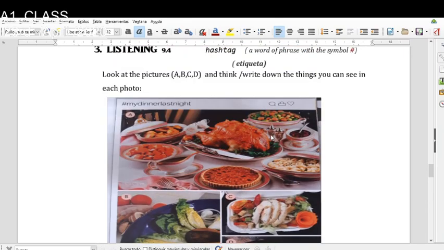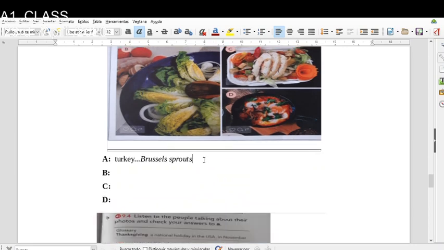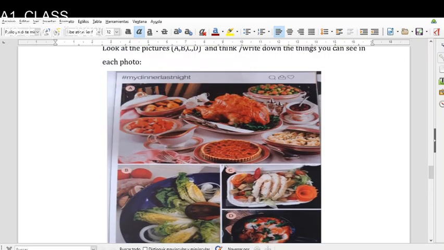These are Brussels sprouts. Coles de Bruselas. What else? Potatoes. Yeah, carrots. A pie. And mashed potatoes. Very good.